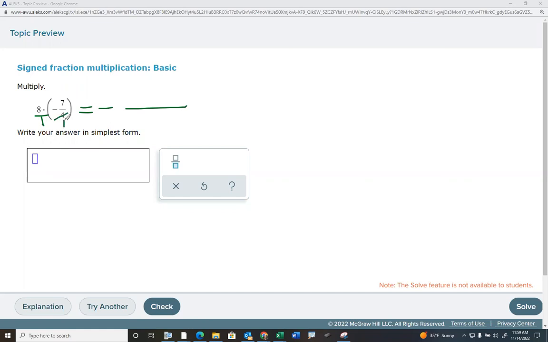So 4 divides in once, 4 divides in twice, and I get 2 times 7 is 14, and 1 times 1 is 1, or just negative 14. And there you go. Not really too terribly crazy.